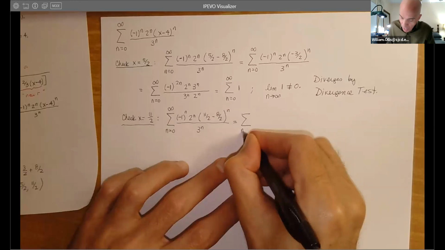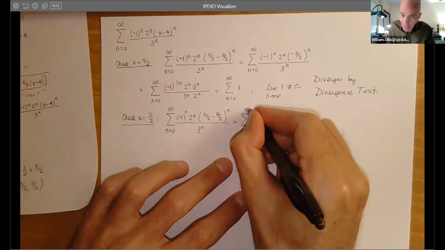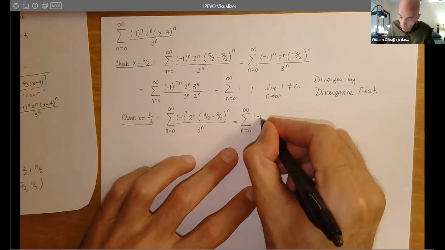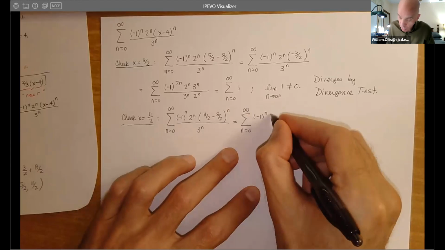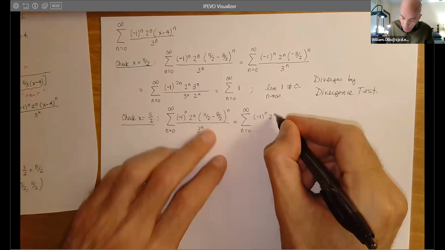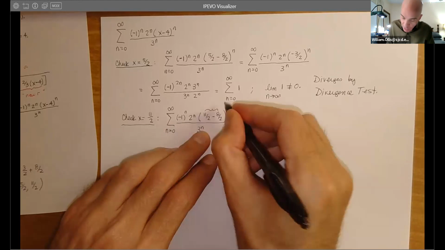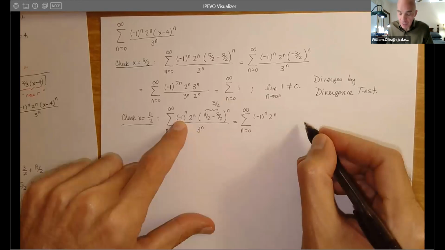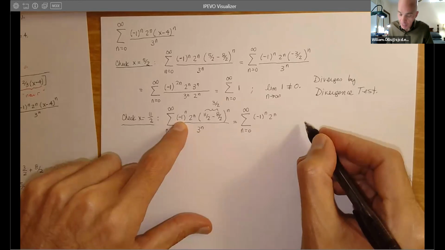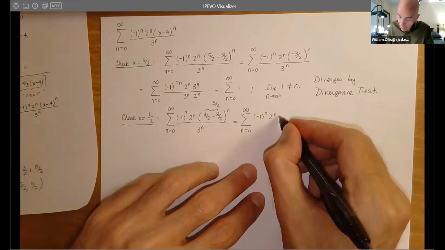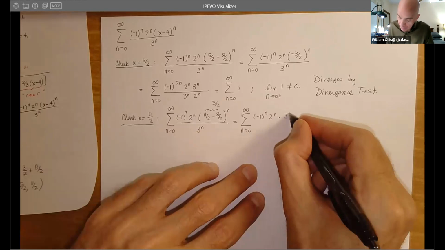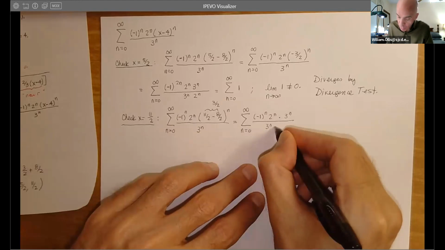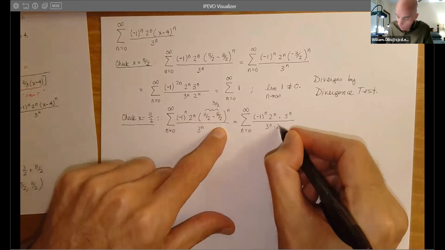Now, of course, a lot of times, when you're running out of time, you want to quickly check these, so you can compartmentalize when you need to. But notice here, this is just the +3/2. So we don't get any addition to the factors here of the (-1). So we get 2^n, so we get 3^n. We have the 3^n here, and then of course we get another 2^n downstairs.